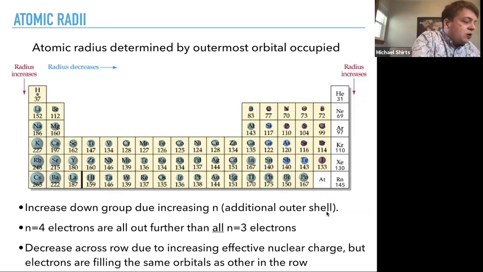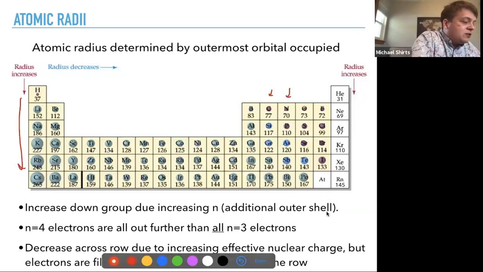So, as we go across from, say, carbon, nitrogen, oxygen, fluorine, we're adding in more electrons, but all of those are 2p electrons, and the 2p orbitals are all roughly the same size. So we're filling in orbitals that are of the same size, but we're adding more protons. And so those protons are pulling the p orbitals in.